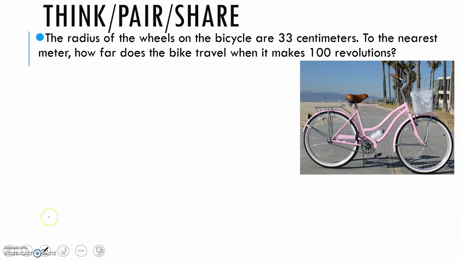So before I show you the solution, you are given the radius, and that r is 33. If you'd like to turn that into diameter already, you can just take 2 times 33 and make that 66, right? And you're also given that there's 100 revolutions. And by the way, the radius is given in centimeters, and the problem says we want the final answer to the nearest meter.